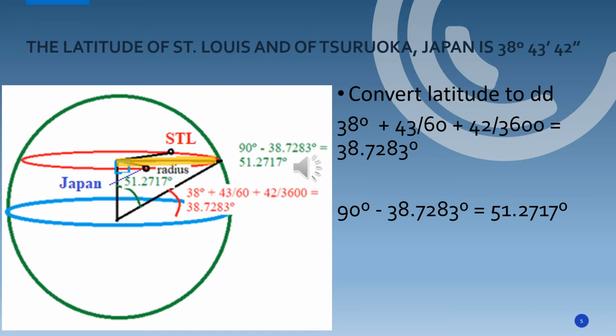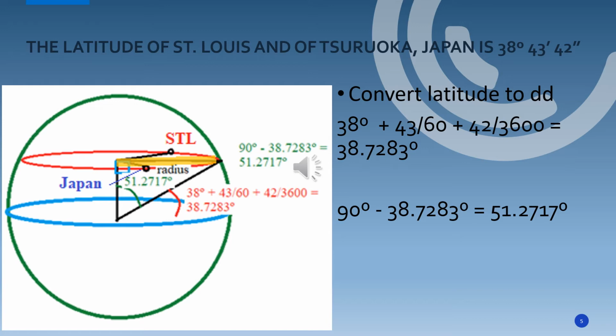So adding the 38 whole degrees to the fraction 43 over 60 to the fraction 42 over 3,600, we get the decimal degree of 38.7283 degrees. That's the latitude, or the rotation north from the equator, that these two cities are located.